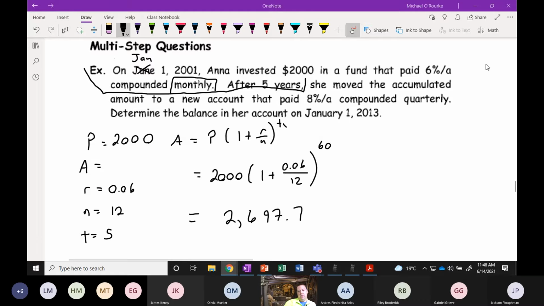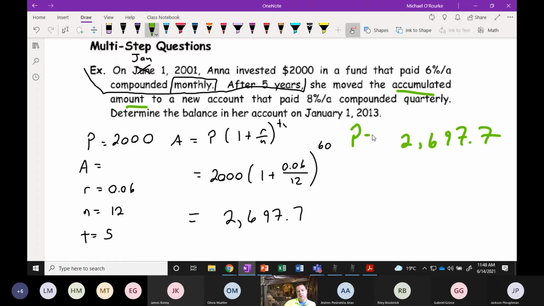All right, so that's our first investment. Her second investment, she moves the accumulated amount. So this is our accumulated amount, the 2,697.7.